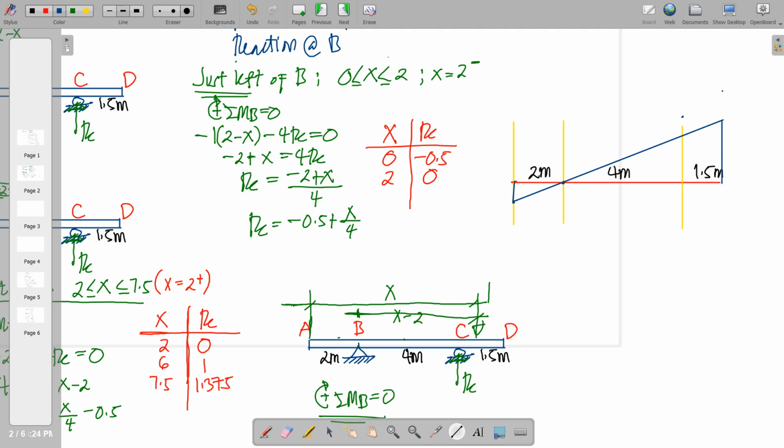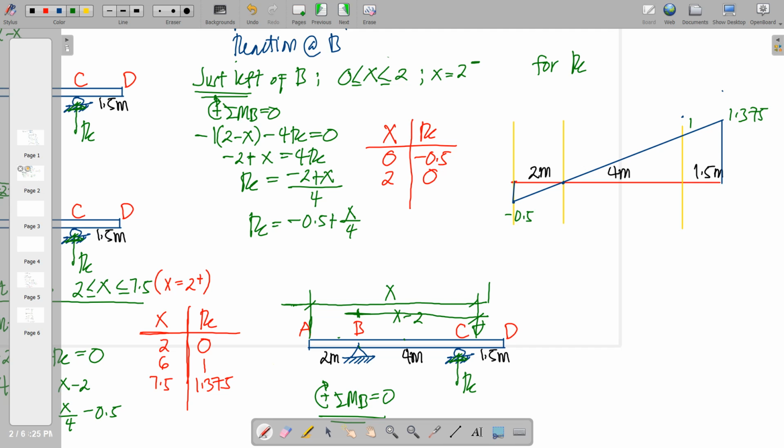Now we label this 0.5, this is 1, and this is 1.375. So this will be our influence line diagram for the reaction at C. That is how to do it by tabulation.